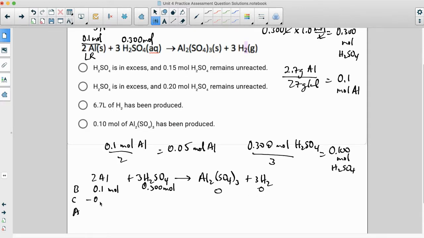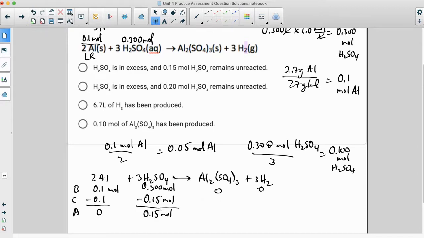I know that my aluminum is the limiting reagent, so I'll subtract that off. Here, my ratio is 3 to 2. I need to take 0.1 times 3 over 2, and that will give me minus 0.15 moles. So we have 0.15 moles left over.